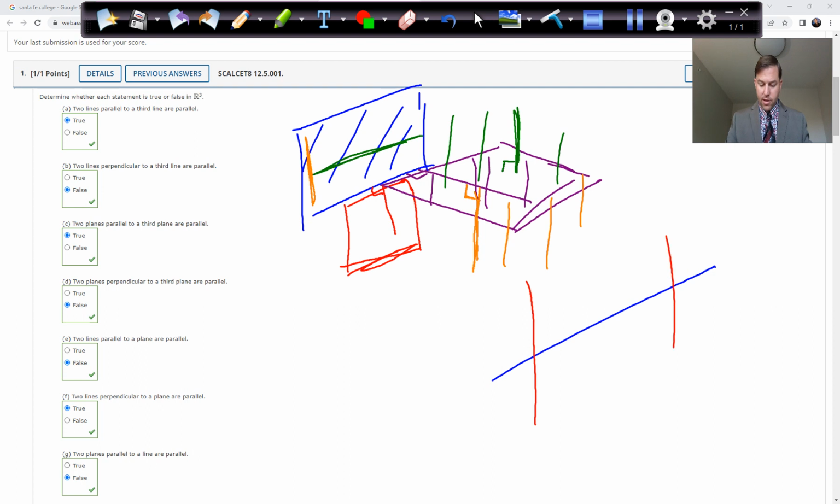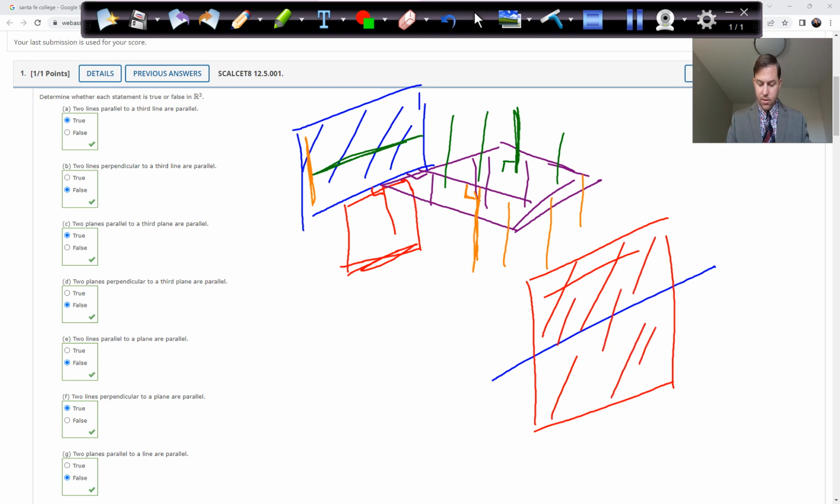So here's a red plane that I draw. Now I don't have to draw the lines like that. This is parallel to the blue line. Okay, you got to think in 3 dimensions here. And then an orange plane I draw, it can be at an angle. Let me see if I can do this. Again, it's hard to draw in 3 dimensions.